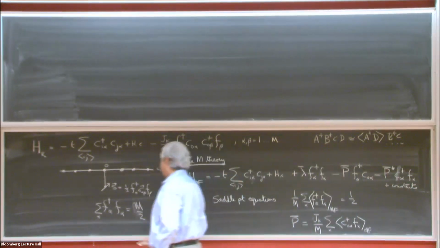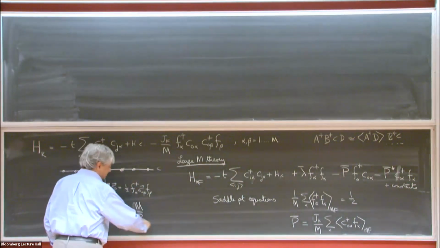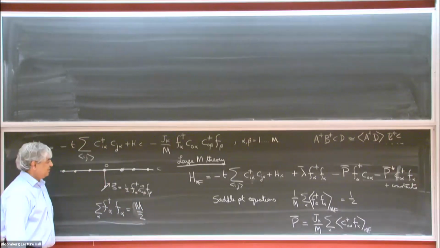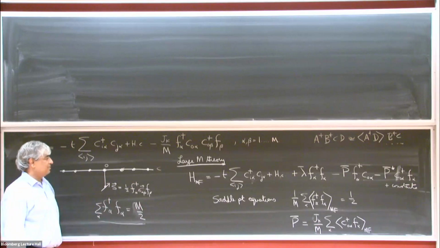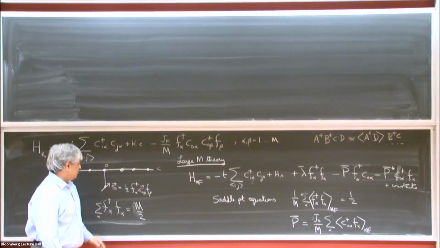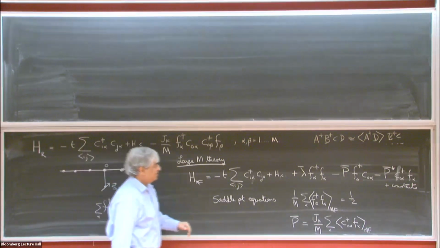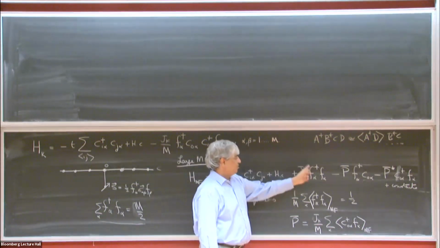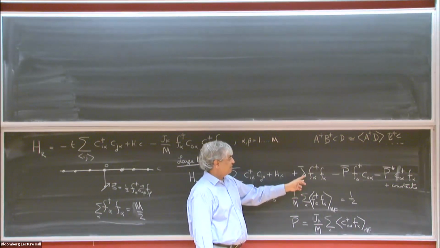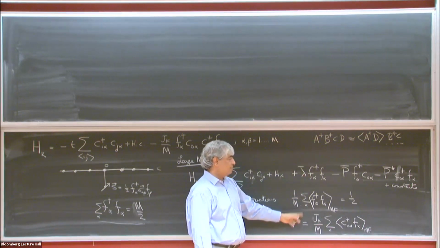And finally, you also have to impose this constraint. And I guess this was the mental leap that was hard to take early on, that you could just impose this constraint in a mean field way. But it becomes more and more accurate as M becomes large. And actually, it's not so bad even for M equals 2, as we see. So you introduce a Lagrange multiplier lambda bar, and this has to be adjusted so that this is satisfied.